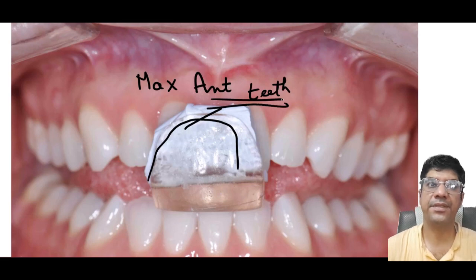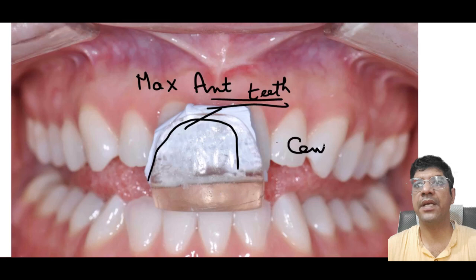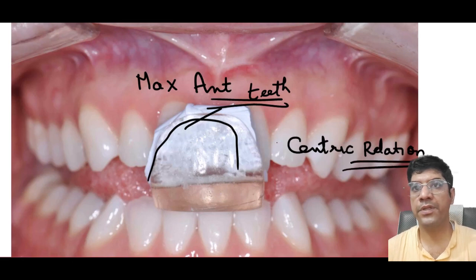Now let us discuss the purpose of anterior jig in prosthodontics. The primary function is to record the centric relation. That is important for ensuring proper jaw alignment and occlusion in the complete denture.